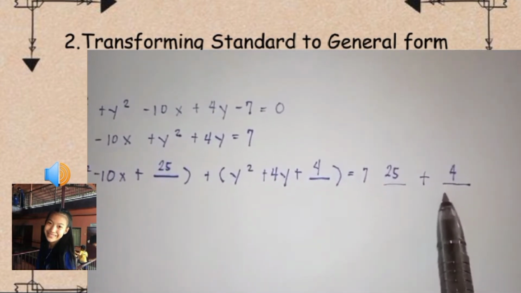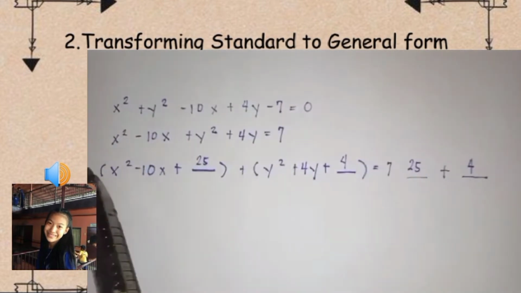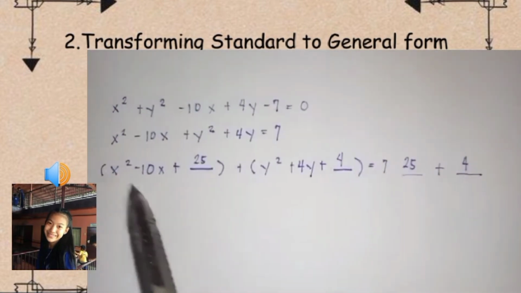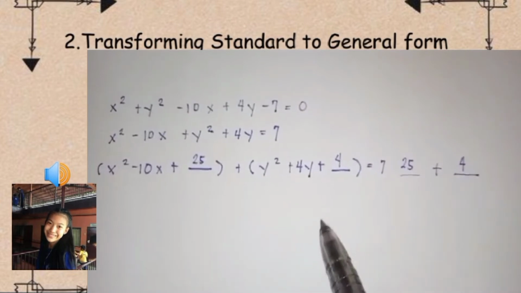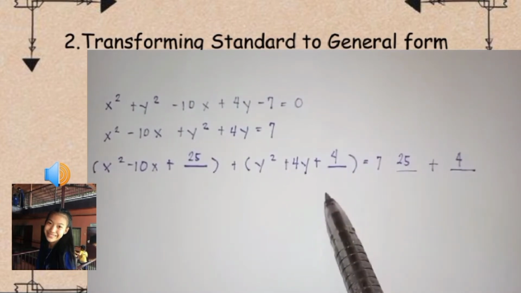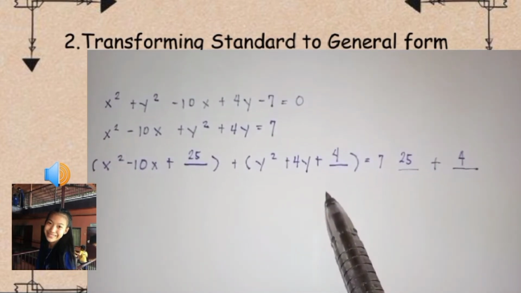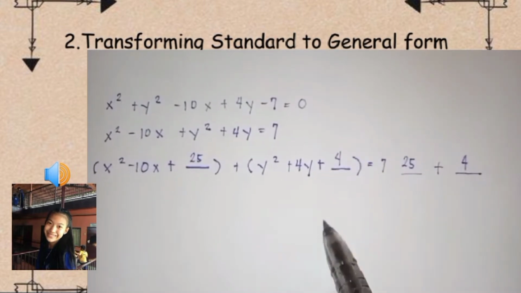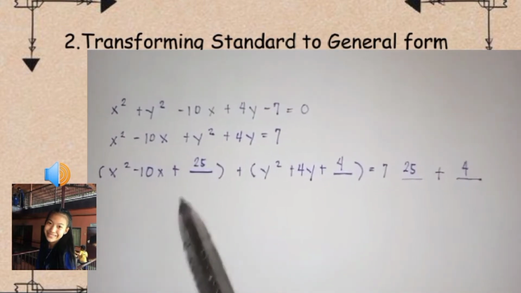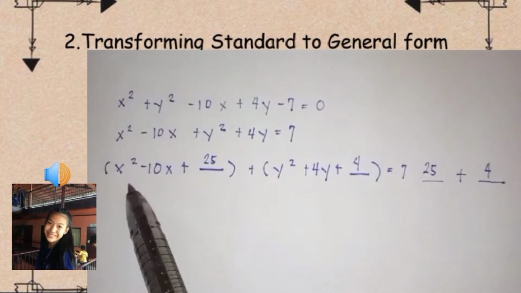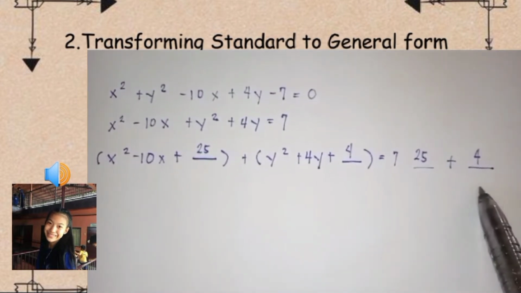Now, the perfect square trinomial becomes the square of a binomial. We're going to write it as a binomial.